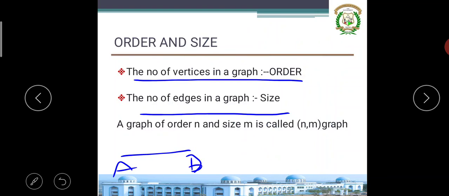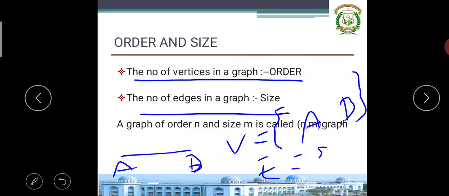If you observe the AB graph, the vertex set V is equal to A, B. The edge set E is equal to AB. In the previous class I explained that if it is undirected, AB can be written as BA also.